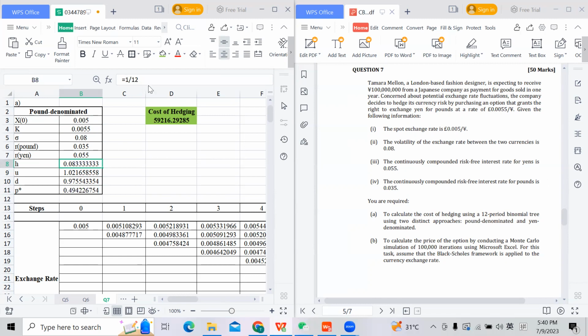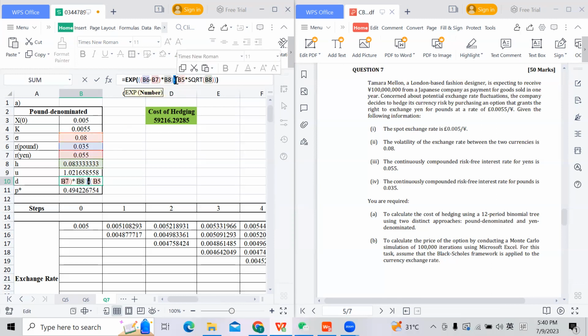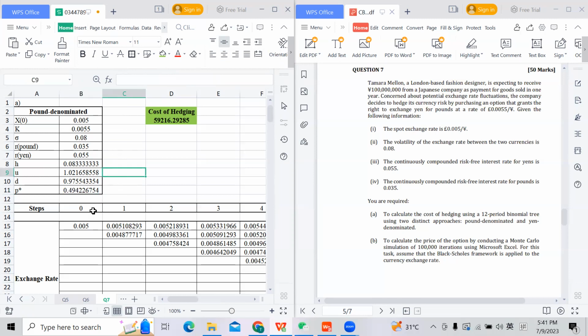H is 1 over 12, and the U formula is the exponential of (R minus delta) times H plus sigma times the square root of H. For D, it's the same but with a minus. The P star formula is the exponential of (R minus delta) times H, minus D, divided by U minus D. So we can calculate the P star.